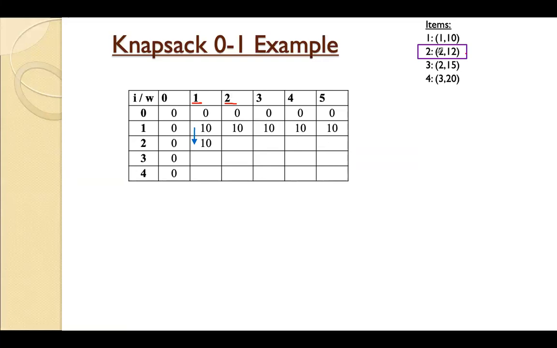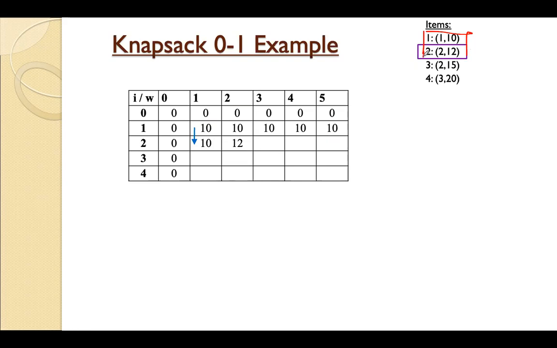Now we can consider this second item into this second column, wherein its weight is 2. What profit you'll get? Profit is 12. When you come to second column, weight is 2. We can consider that second item. Its profit is 12.